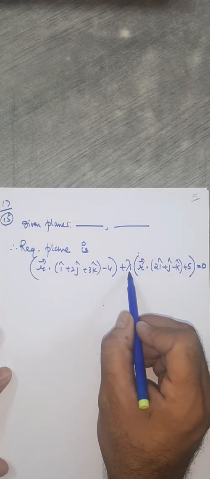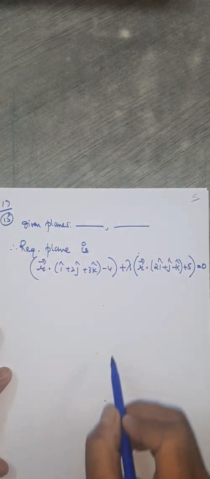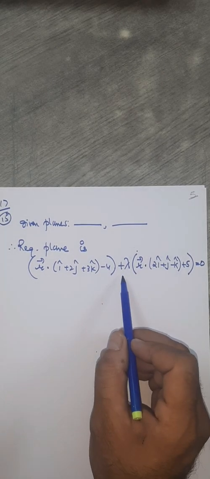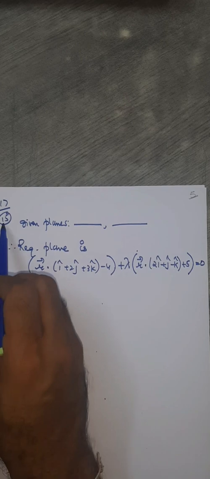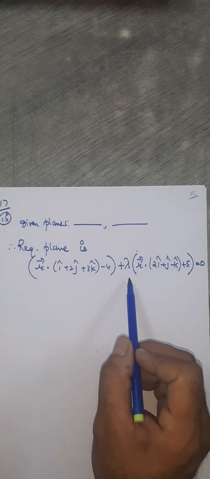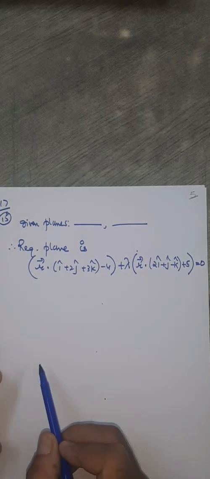Now what is lambda? Unknown, which we find and will put in the equation. How will we get the lambda? You are given a certain condition in the question, like in question number 15. There it was parallel to x, here it is given that it is perpendicular to the given plane.